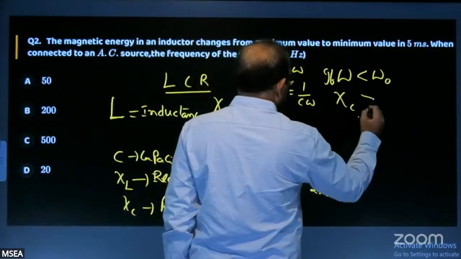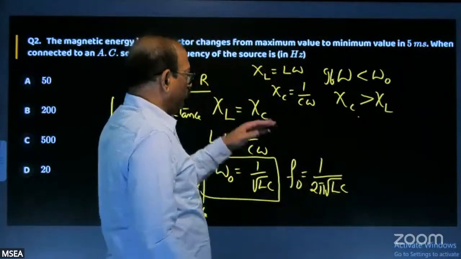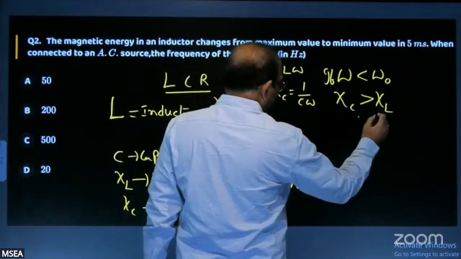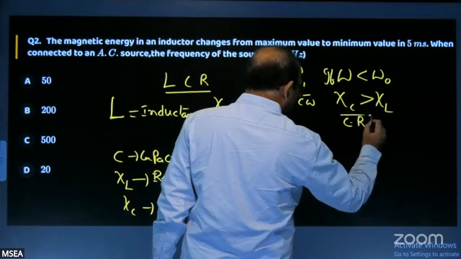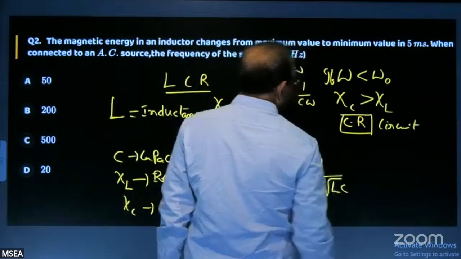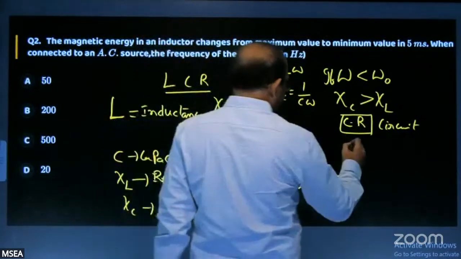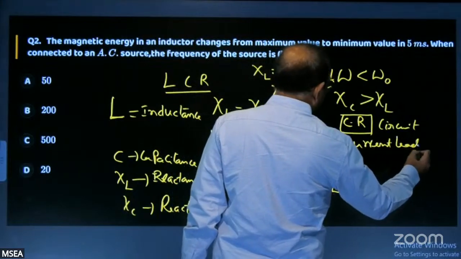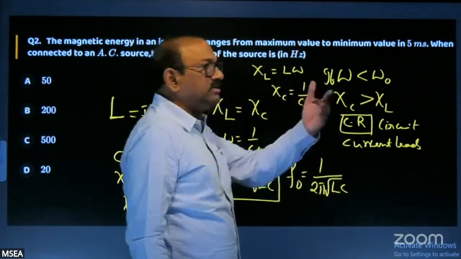XC will be greater than XL. Then this LCR circuit will act as CR circuit. Means current leads EMF by some phase angle less than pi by 2.